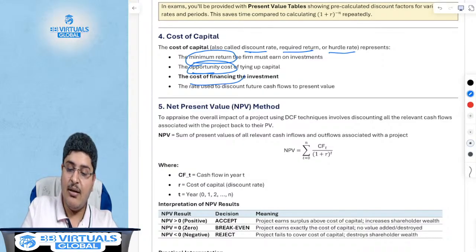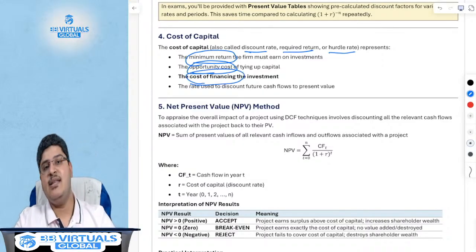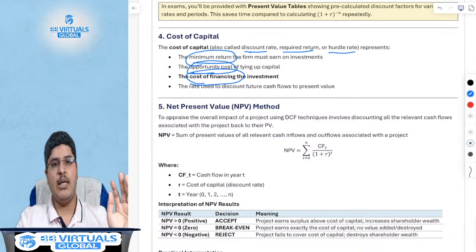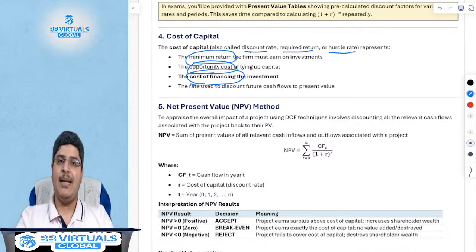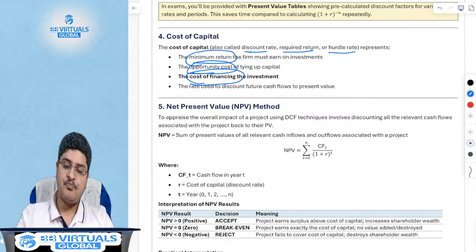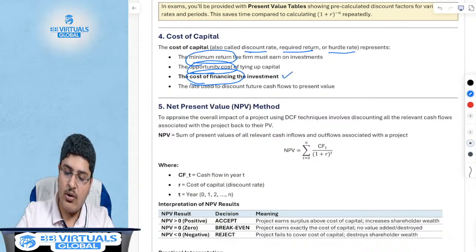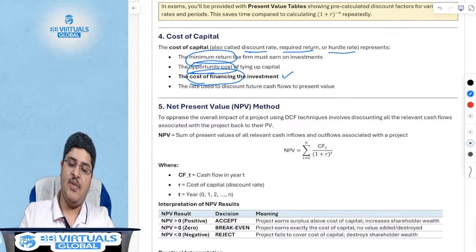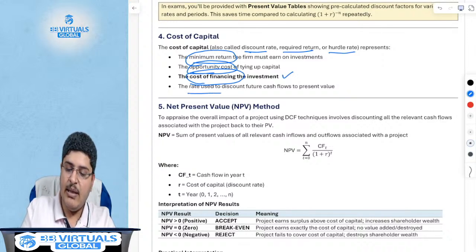The other way to look at it is your cost of financing the investment. Let's assume you don't have the money. You go and borrow from your friend, or you go to the bank and you borrow from the bank and say, you lend me money at 10%, I will give you more than 10% return. So this is nothing but the cost of financing the investment. And this effectively means the rate that you use to discount the future cash flows.